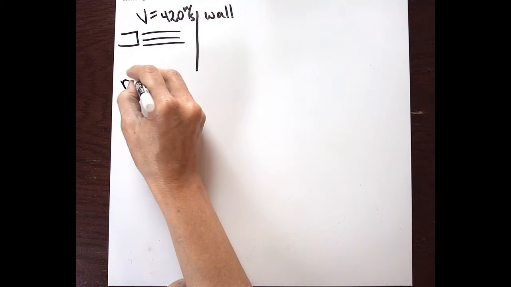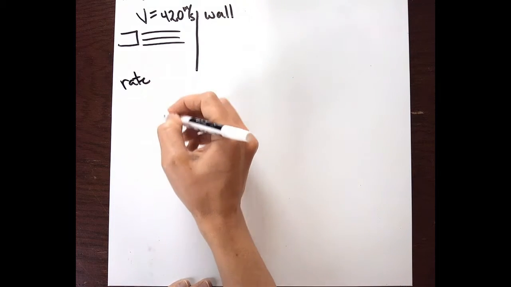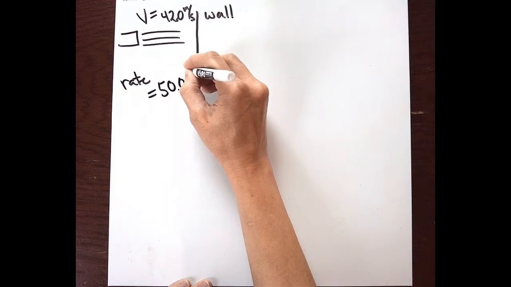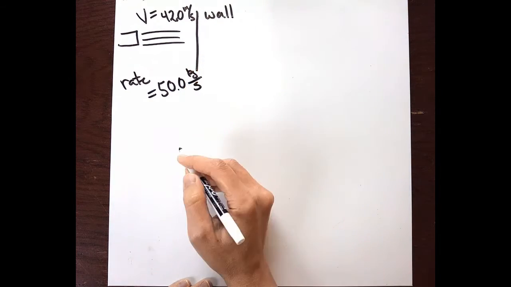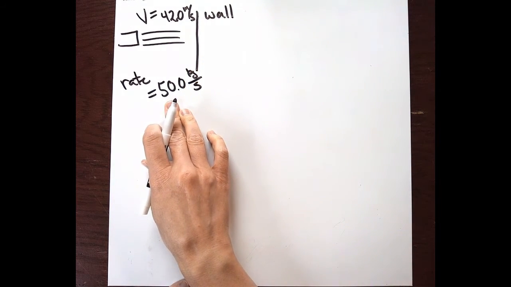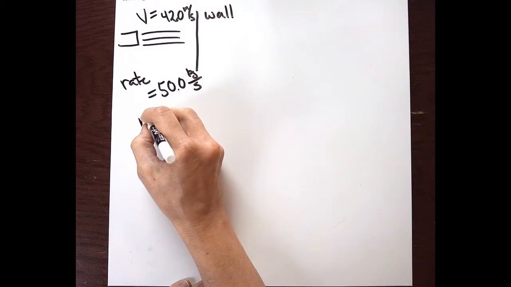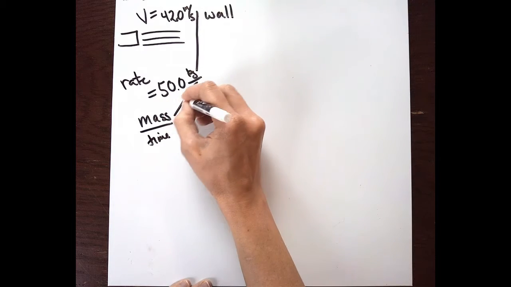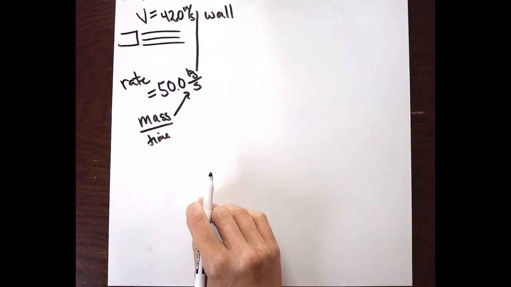They give us the rate of the water coming out of the hose, and they tell us that that's 50 kilograms per second. So not really sure what this is, but the units at least are those of mass over time. So we'll keep that in mind, see if it comes in useful.